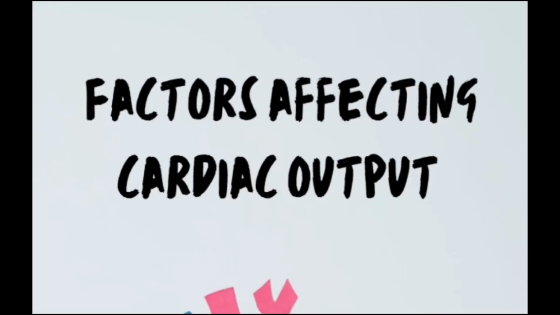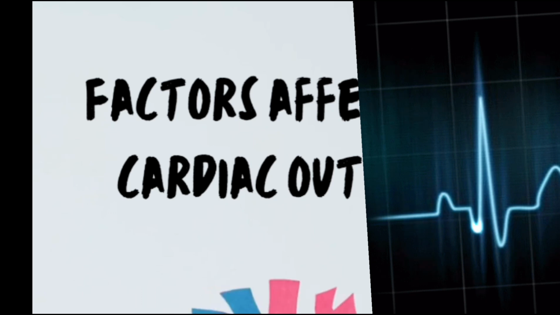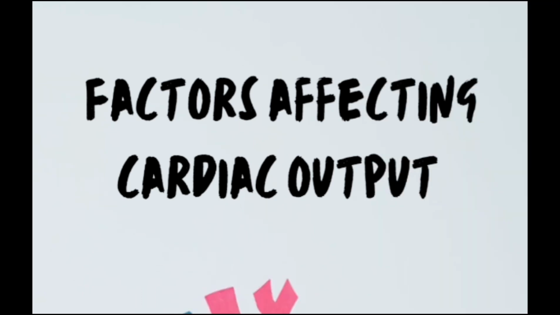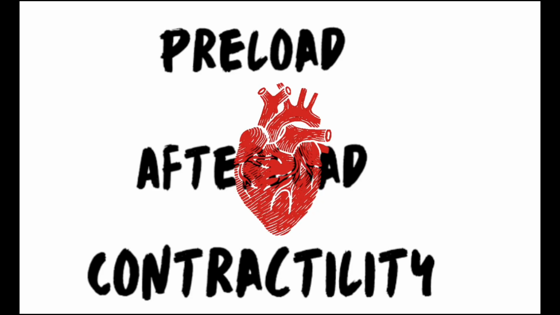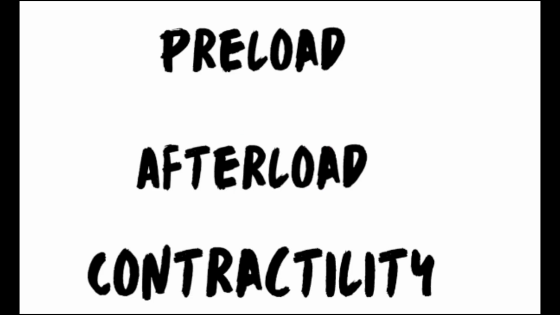There are many factors that affect cardiac output. They include heart rate. A higher heart rate increases cardiac output, but an excessively high heart rate can decrease it. The stroke volume, the amount of blood pumped out by each ventricle per beat, is affected by preload, afterload, and contractility.